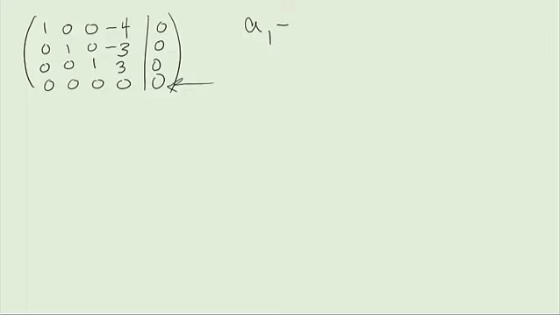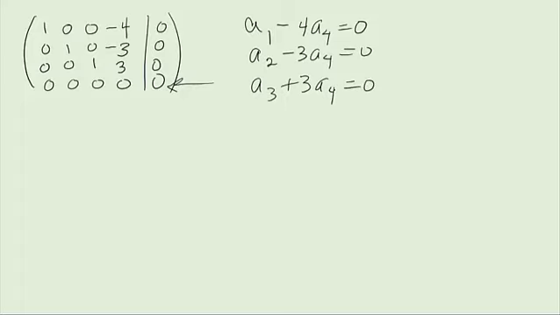This means that A1 minus 4A4 is equal to 0. A2 minus 3A4 is equal to 0. And the 3rd row gives us A3 plus 3A4 is equal to 0. And A4 is a real number.